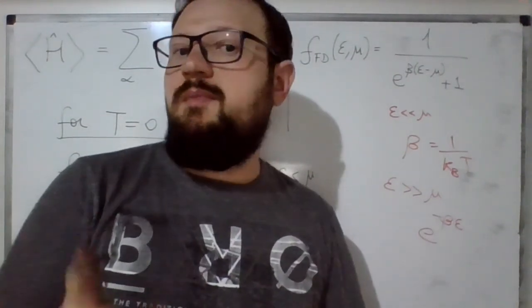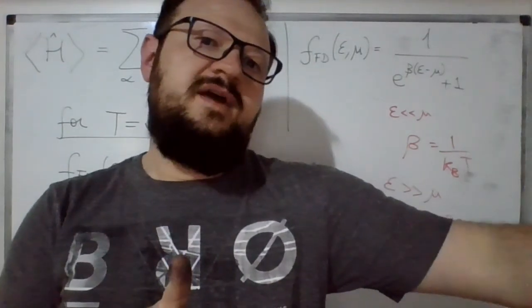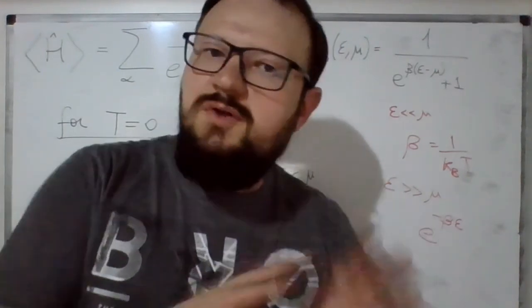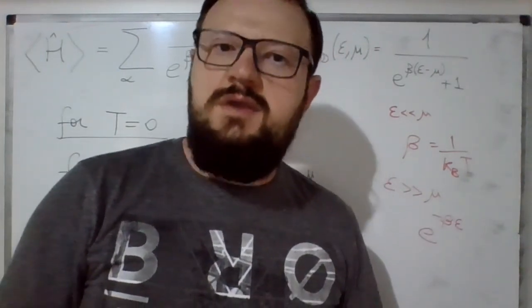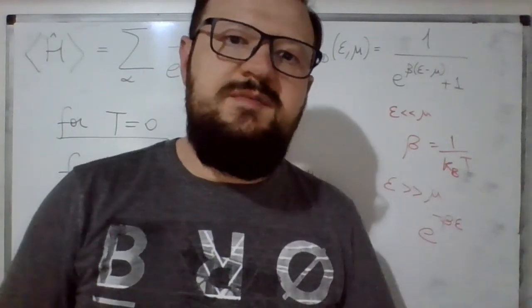So the probability of finding the particle in one state is independent of finding another particle in another state. So there are no correlations. You can use Bose-Einstein and Fermi-Dirac distributions.